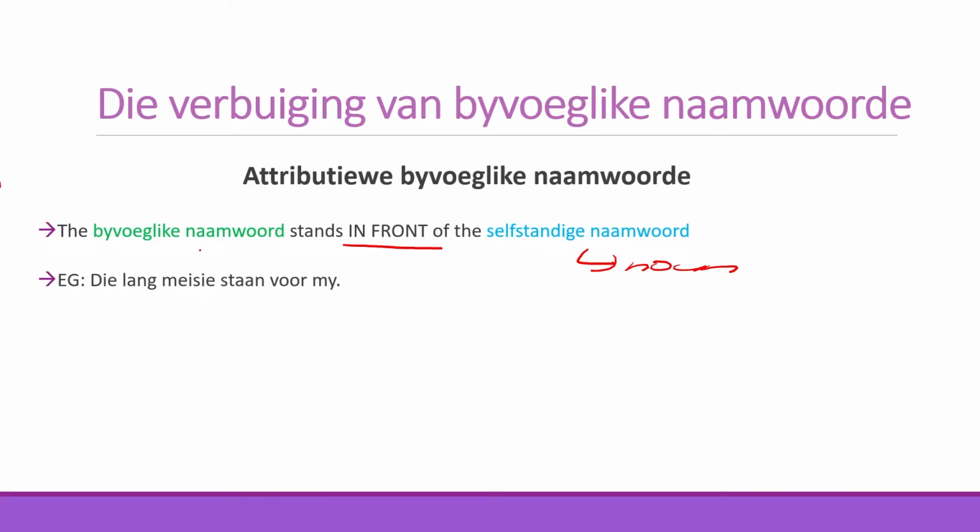And this byvoeglike naamwoord, I'm going to call it the ABN. The ABN stands in front of the naamwoord. What is our selfstandige naamwoord? It's meisie, right? So then, lang is the word that is describing this girl. This girl is tall, right? So that is going to be our attributive byvoeglike naamwoord because it stands in front of the selfstandige naamwoord.